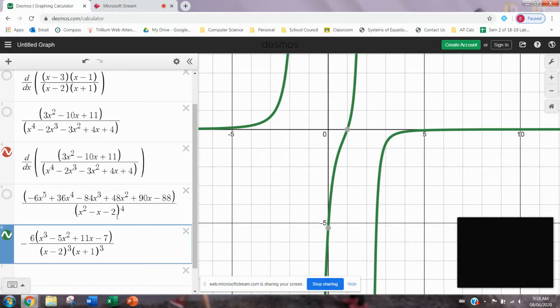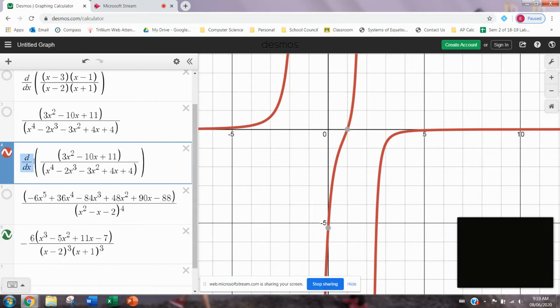So this is just a good way, if you're ever taking derivatives and unsure that it's the correct one, before you go on and do more work with that derivative, like finding critical numbers or finding intervals of increase and decrease or concavity or points of inflection, and you want to check that your derivative is correct before you do all that more work, then you can use Desmos and this little derivative function on Desmos, and double check the graphs of what you calculated along with what Desmos says that the derivative of that function is.